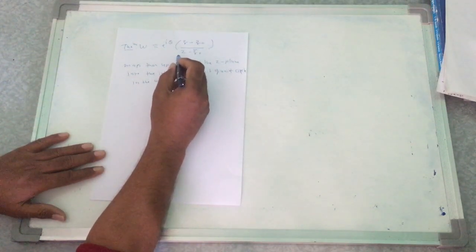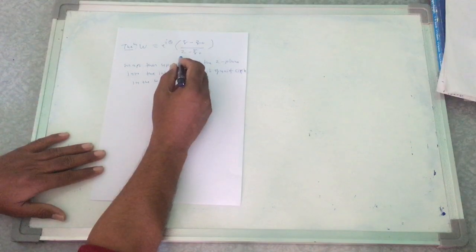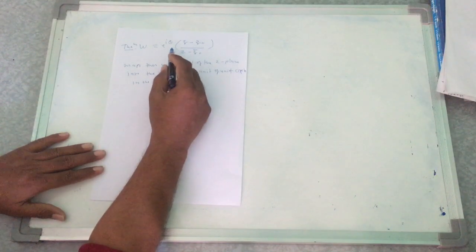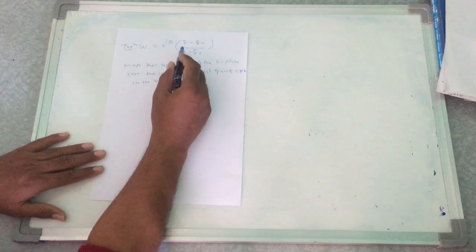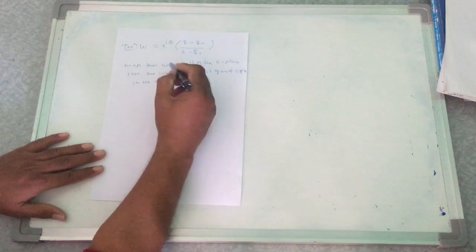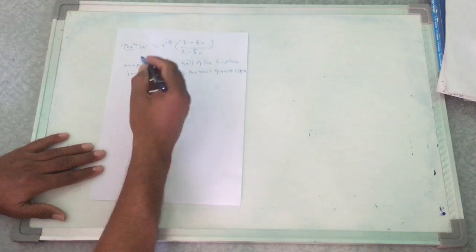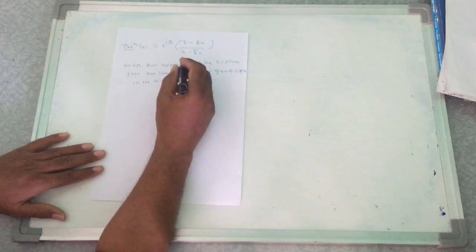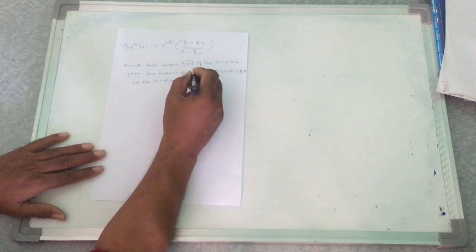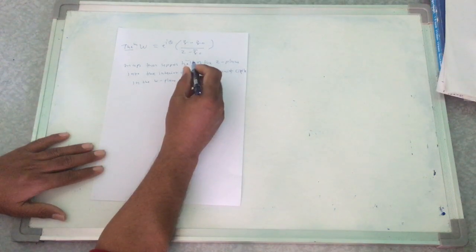So if Z0 is in the upper half of the Z plane, then the bilinear transformation is like this, and it maps the upper half of the Z plane into the interior of the unit circle in the W plane.